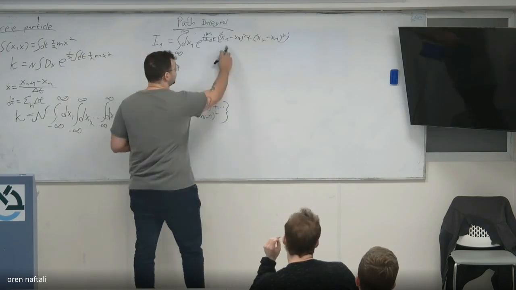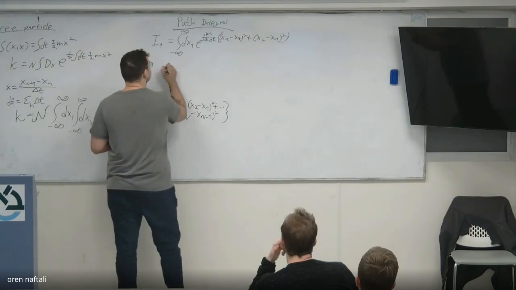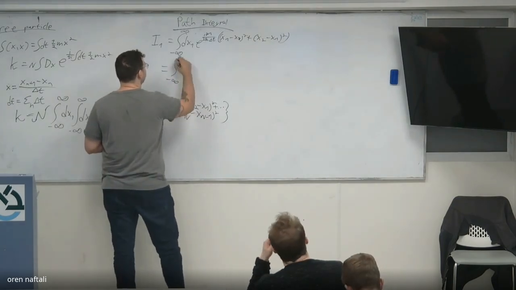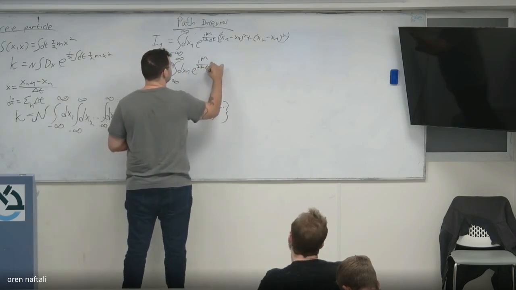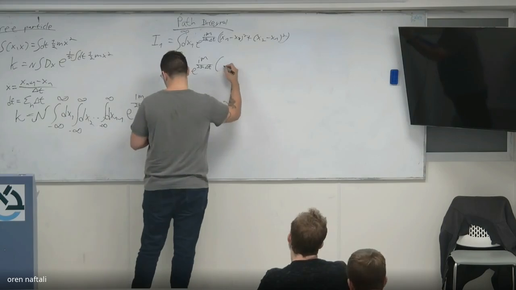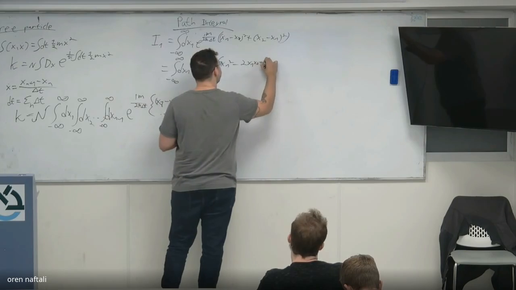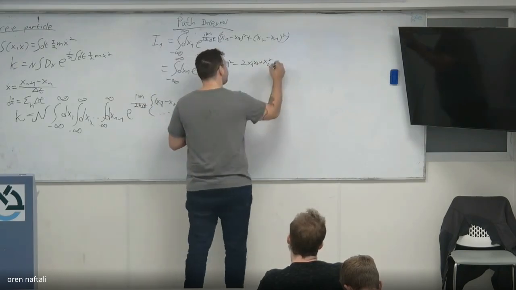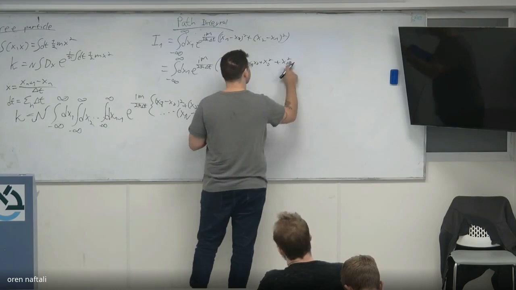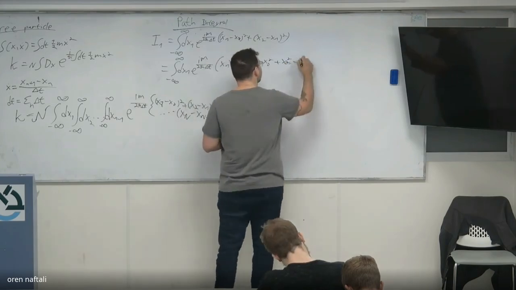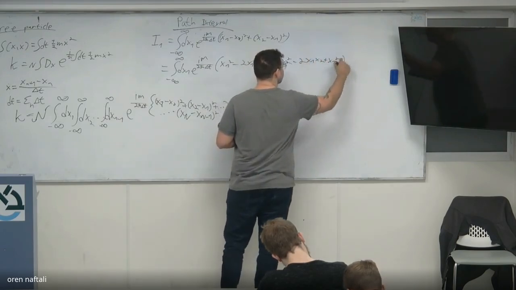Now opening these two square terms, integral from minus infinity to infinity of dx1, e to the i over h bar delta t, x2 squared minus 2 x1 x2 plus x1 squared.